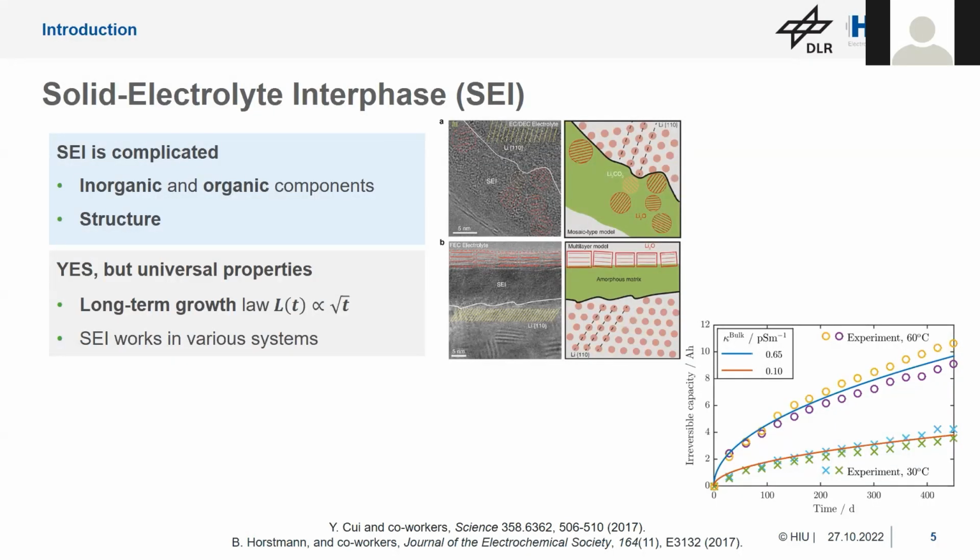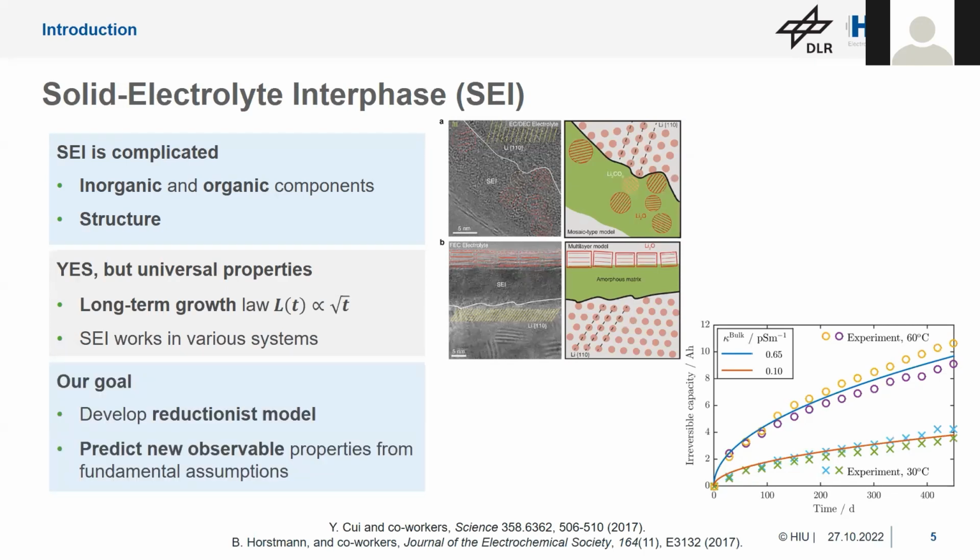So the square root of the time is depicted here together with experimental data, and you see the SEI thickness growing, or the capacity fade growing, and this shows you that the rate of capacity fade is slowing down in time.